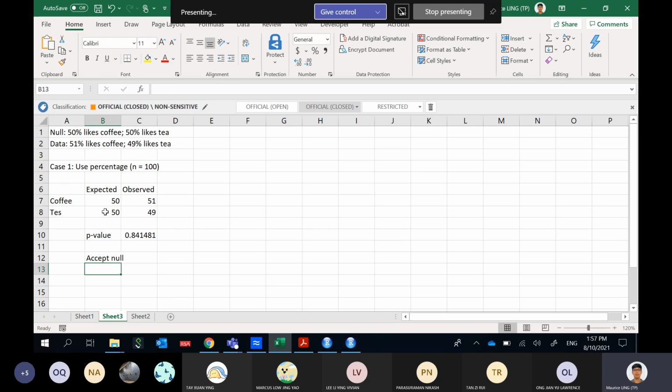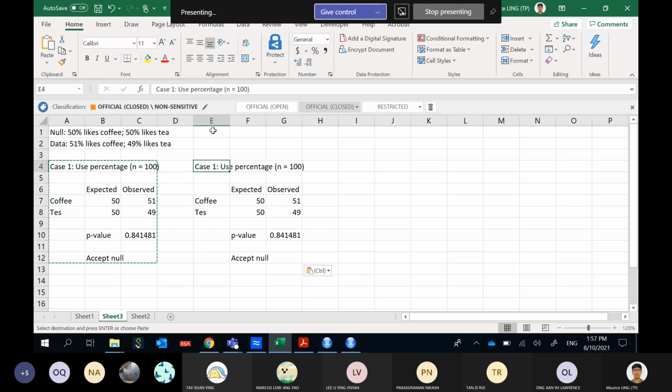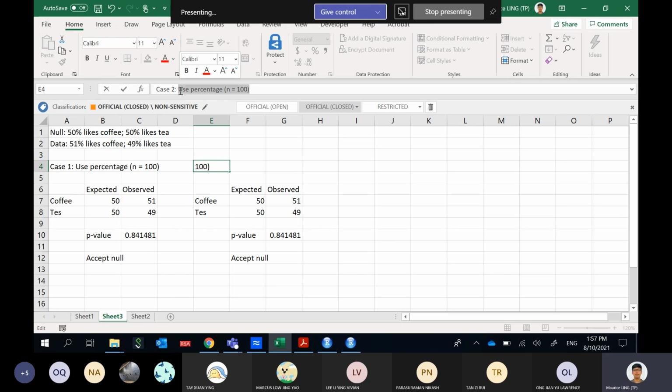Let's say we don't use percentage and one group of you is energetic enough, so we go for case number 2. Instead of surveying 100 people, you survey 1,000 people. Possible, right?